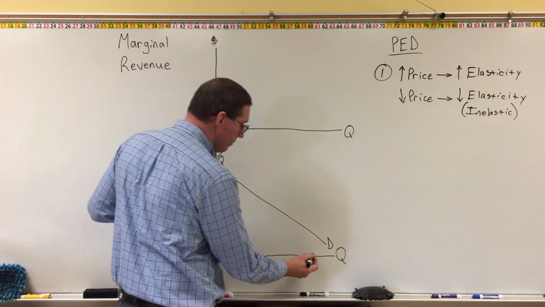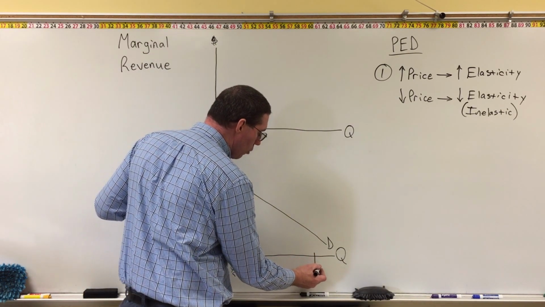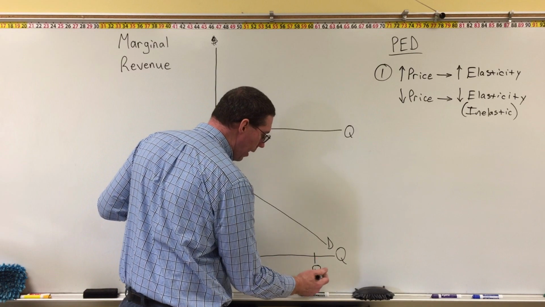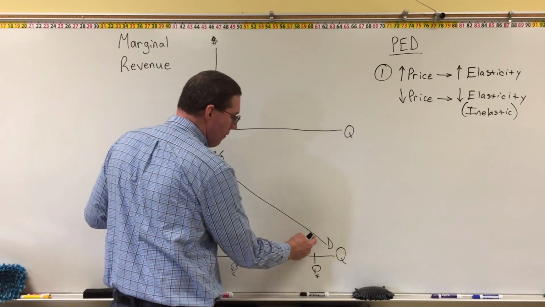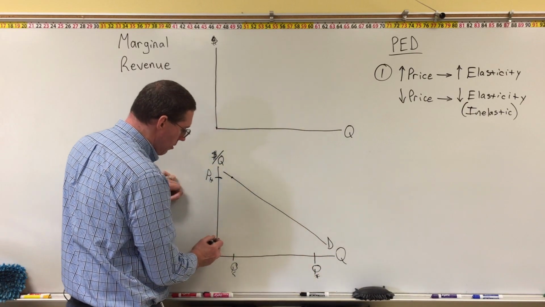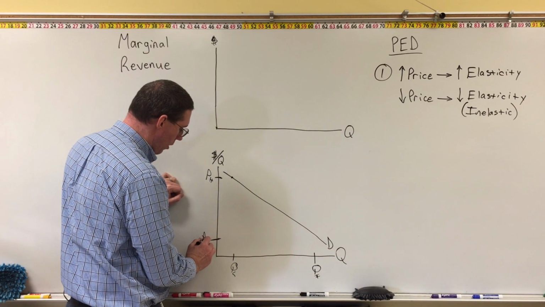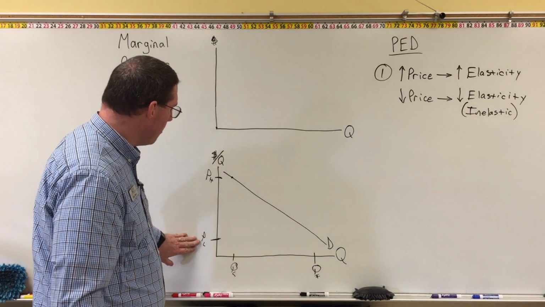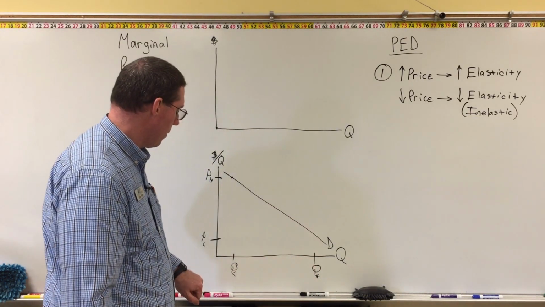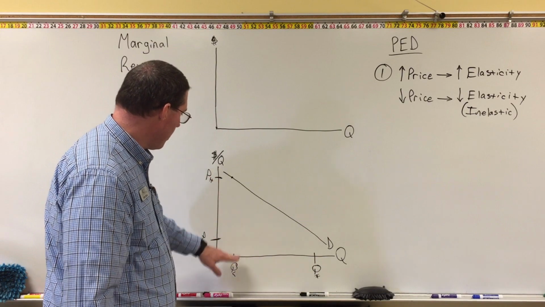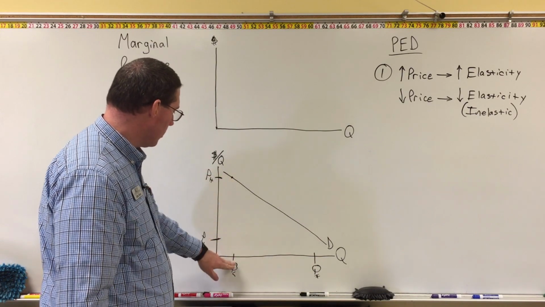On the other hand, a company is only going to be able to produce and sell a higher quantity if their price is lower. So the price is going to be lower when the quantity is higher, and the price is going to be higher when the quantity is lower.